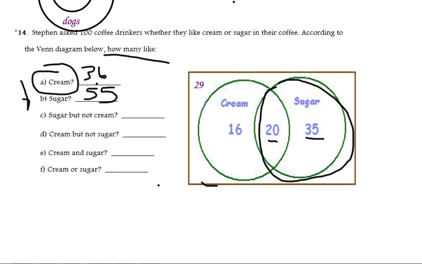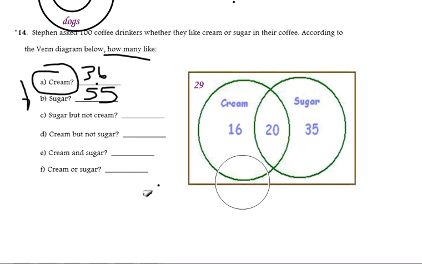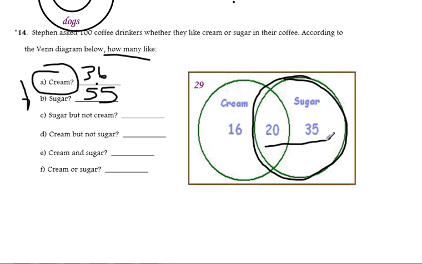Okay, so the next one gets a little bit tricky, not too much trickier. It asks how many people like sugar but not cream. So let's highlight our sugar circle. Remember, these are all the people that like sugar. But we don't want the people that also like cream. So they cannot be inside the cream circle.